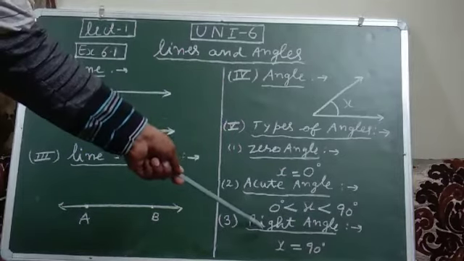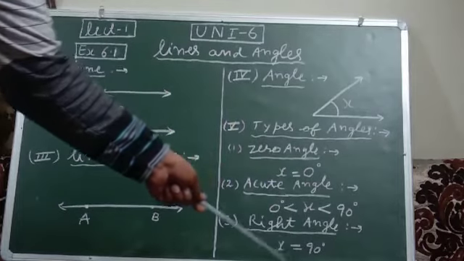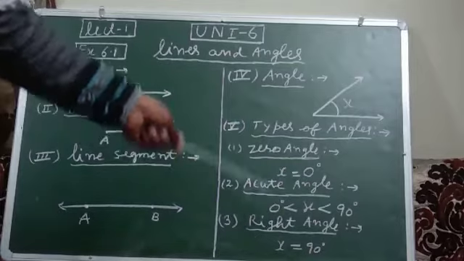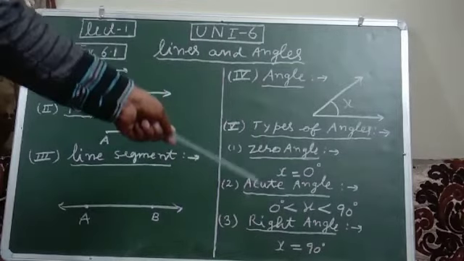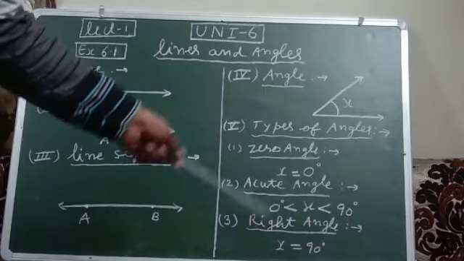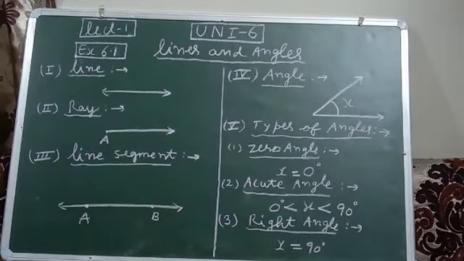Then right angle, if value of any angle is 90, I just take x equal to 90, then this angle is called the right angle. So zero angle whose value is 0, acute angle, that angle which is greater than 0 but less than 90, then right angle, that angle whose value is 90 is called the right angle.